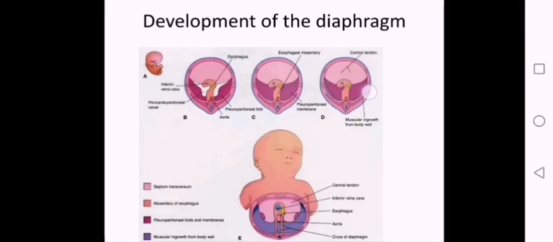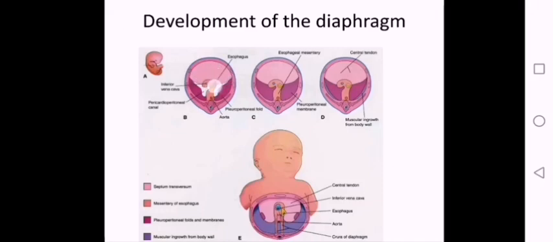The muscle cells, or myoblasts, which are present in the lateral body wall, invade the previous 3 components. First of all, the septum transversum grows dorsally from the ventrolateral body wall to form a semicircular shelf.